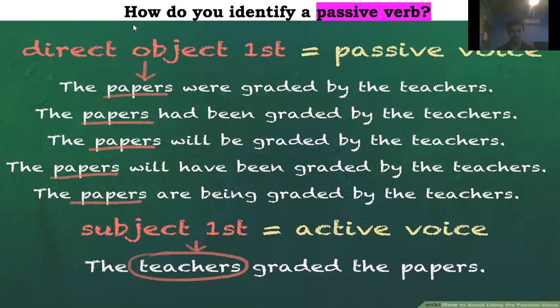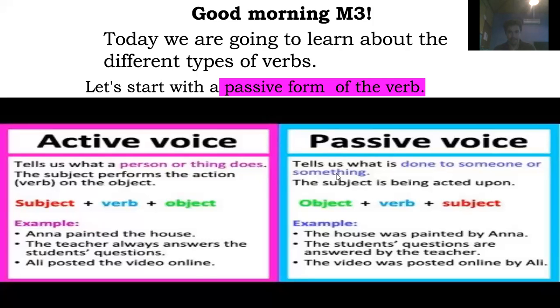So how do you identify a passive verb? How do we notice a passive verb? How do we see it in a sentence? How do we know that this is the passive verb? Direct object first, okay? Like what we had over here, it was passive, the object first.